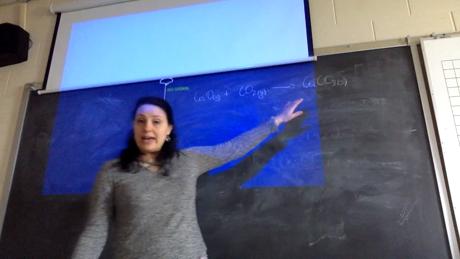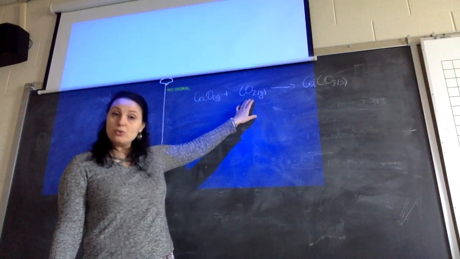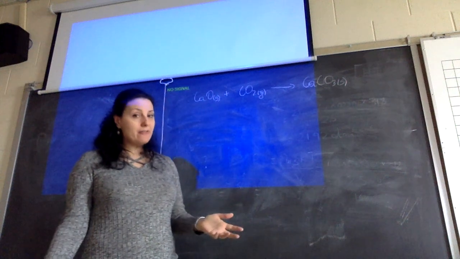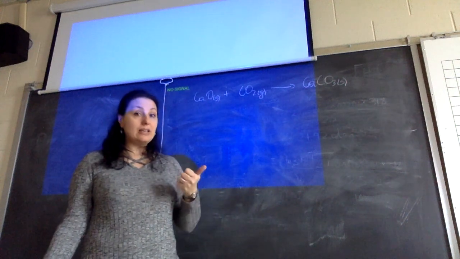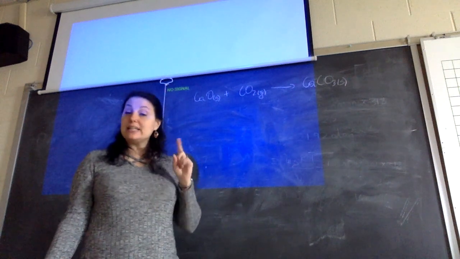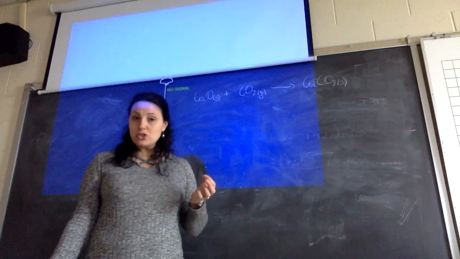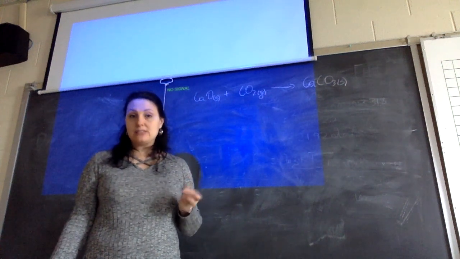So I'm asked to find the grams of calcium carbonate from CO2. I don't have the amount of CO2 in either moles or grams. But what I do know is that it's a gas, and the problem has given me the temperature and the pressure of this gas.